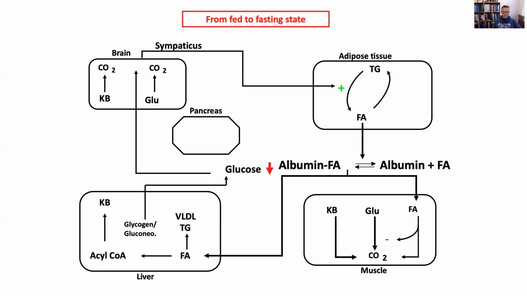At the same time, the liver will start producing glucose in order to keep the glucose level constant. So not only do we spare glucose from being oxidized in the muscle, but at the same time, the liver will produce glucose to the circulation, so we are able to maintain a constant glucose level.